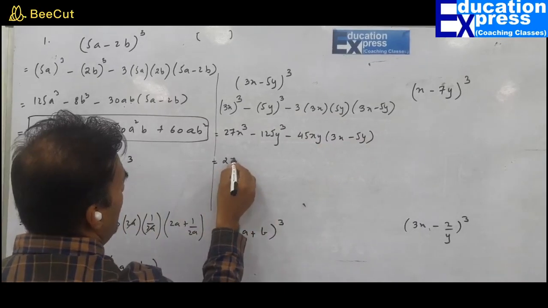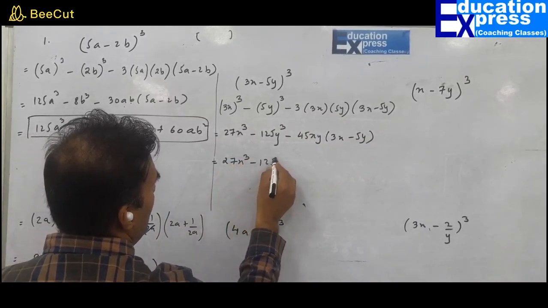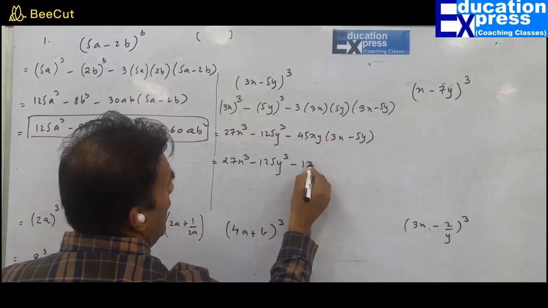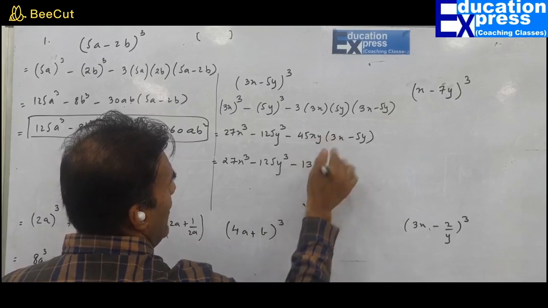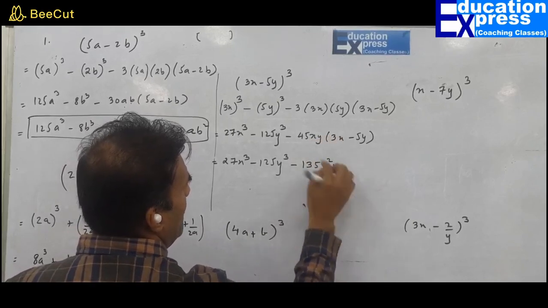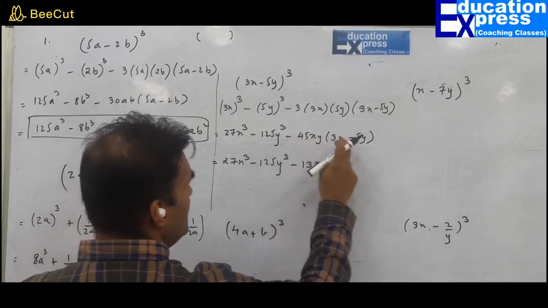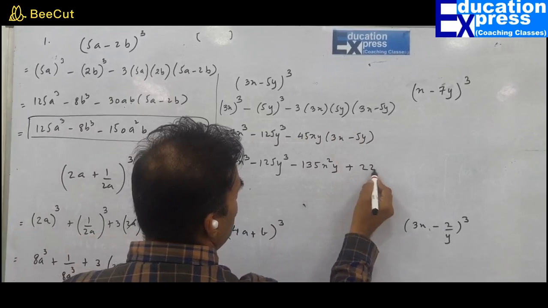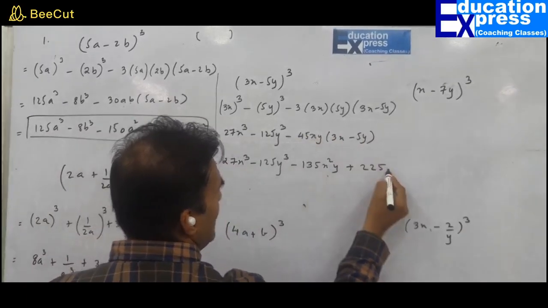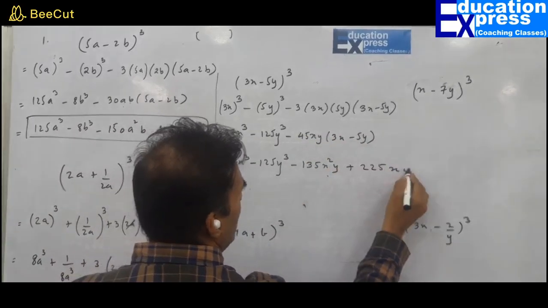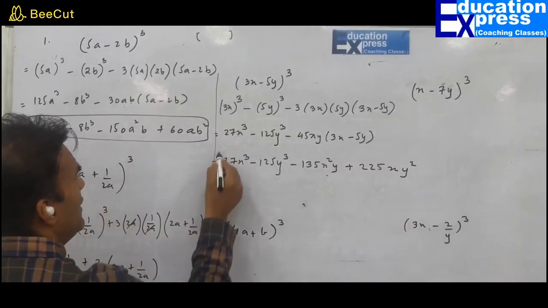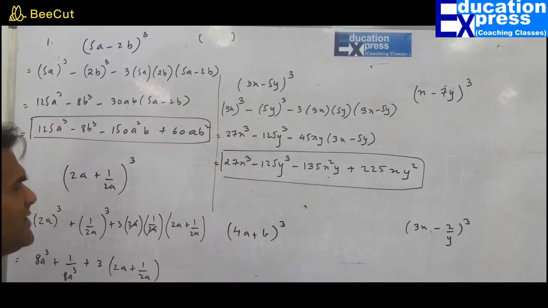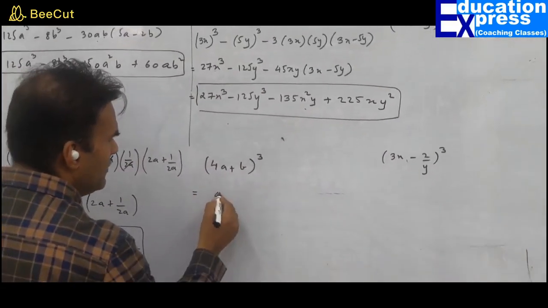So if you go further, 27 x cube minus 125 y cube minus 45 into 3, 135 x into x square. What remains? y. Minus into minus, that makes it plus. 45 5s are 225 x y into y square. How? Isn't it very simple? Of course. So if you practice these questions along with me, I am sure you will get the answer.